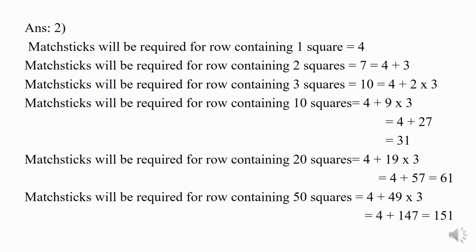The number of matchsticks required to prepare 3 squares is 10, which can be written as 4 plus 2 into 3, meaning for 3 squares we can write 4 plus (3 minus 1) into 3. Like that, matchsticks required for the row containing 10 squares is 4 plus (10 minus 1) into 3, which is 9 into 3 is 27. 4 plus 27 is 31.